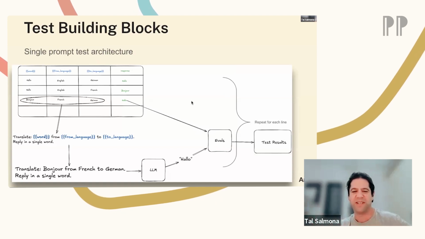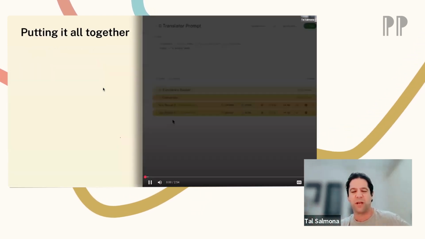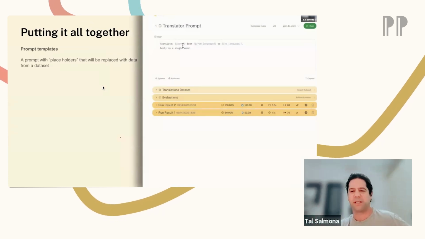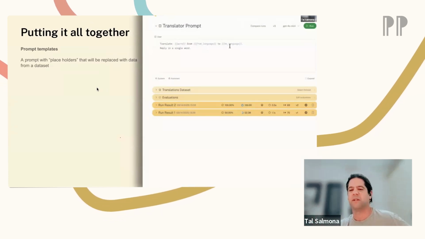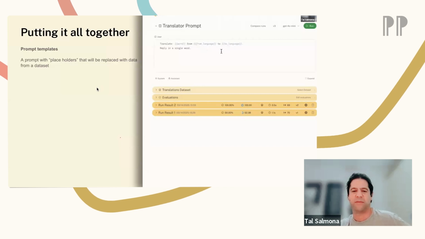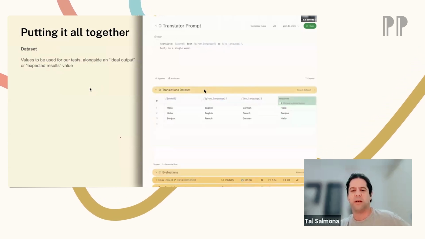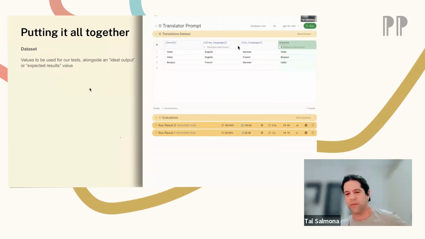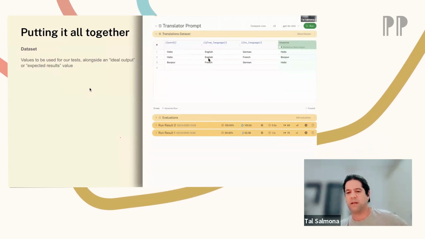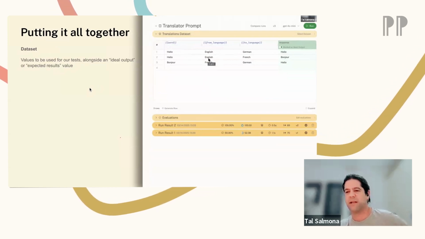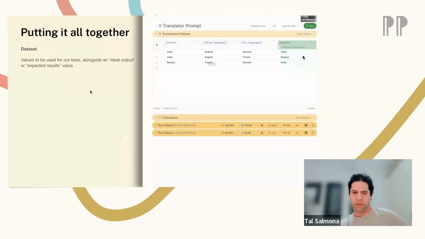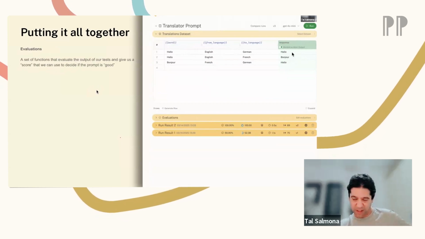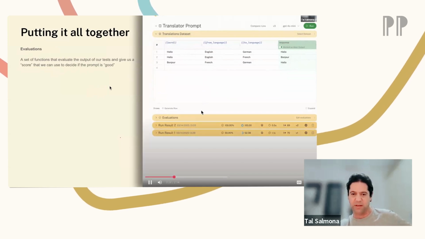So if we're putting this all together, I have the prompt here for a translator bot with the placeholders or the variables, and then I have the dataset with the concrete values and the expected or ideal output. And then I will define a couple of evaluations.